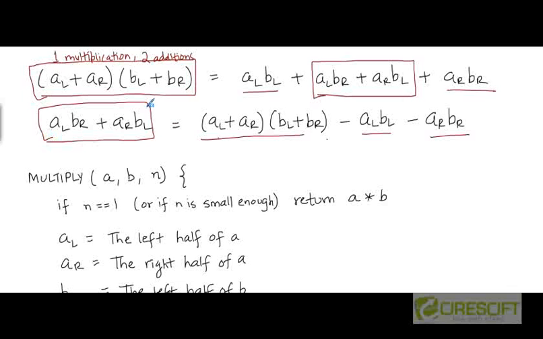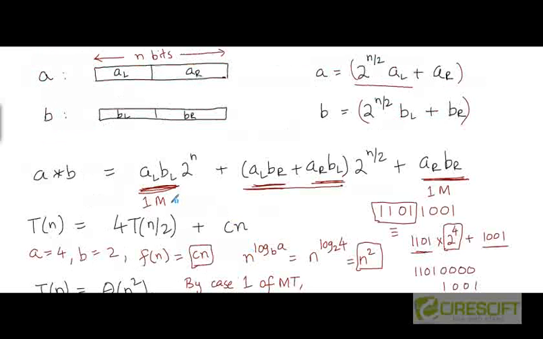And we can generate this expression, this sum, by taking this result and subtracting these 2 terms from it. Now, this would take one recursive call, this would take another recursive call, and this would require another recursive call. So there would be 3 recursive calls required in this modified algorithm instead of 4.